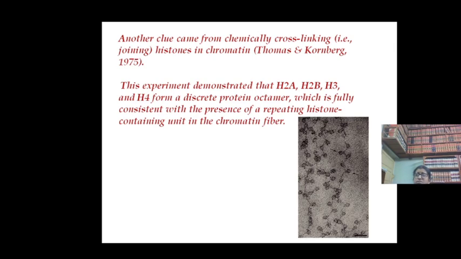Octamer is a structure with 8 subunits, which is fully consistent with the presence of a repeating histone-containing unit in the chromatin fiber. Here you have an electron micrograph picture of the beads on a string.